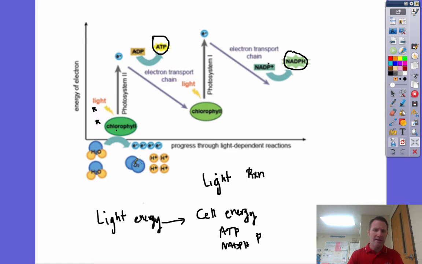Lastly, we know that water is also part of this process. Water gets broken down. So water is a reactant and oxygen is a product. So this is where we get our oxygen that we breathe, and the electrons to run this are also produced here and get used as part of this process. So pretty important that water is given to plants.